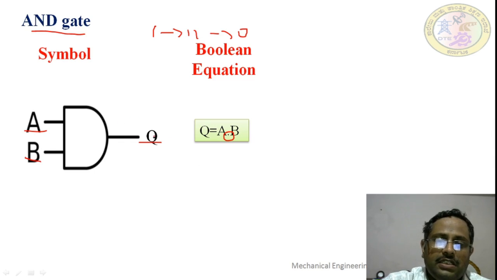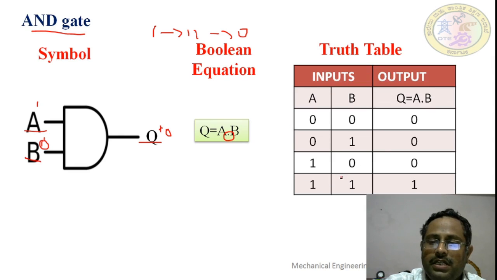See here, when input A is 1 and B is 1, then only output Q is 1. If either A or B is 0, then Q becomes 0. We will see this in the truth table.